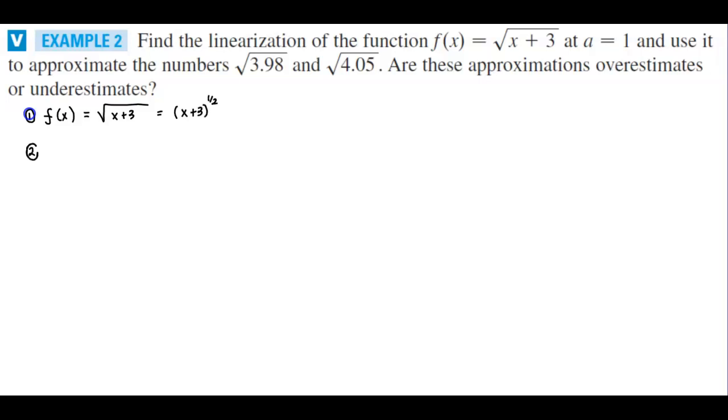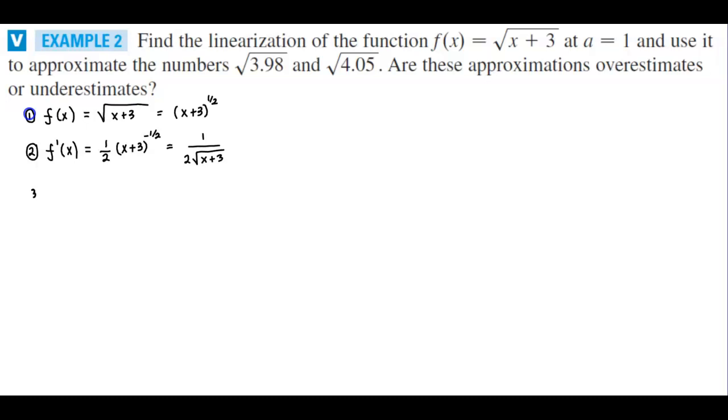So now when we take the derivative of this function, f prime of x, we're going to have 1/2 times x plus 3 to the negative 1/2, which equals 1 over 2 times the square root of x plus 3.